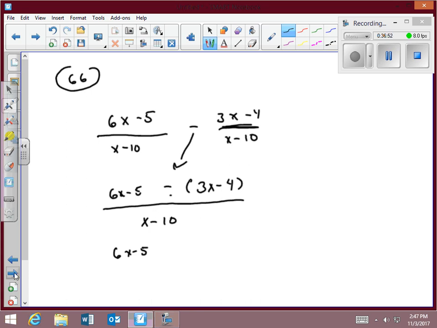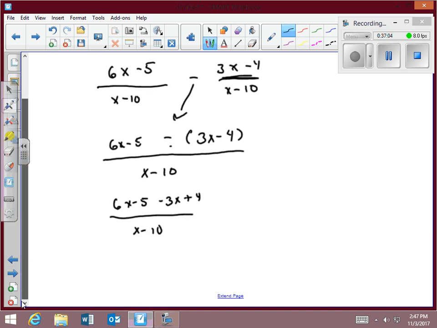This says opposite every sign inside that bracket, minus 3x plus 4 over x minus 10. Now the numerator, combine like terms. We have 3x minus 1, over x minus 10. And there's my answer.